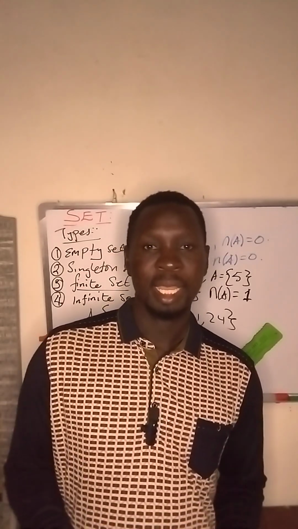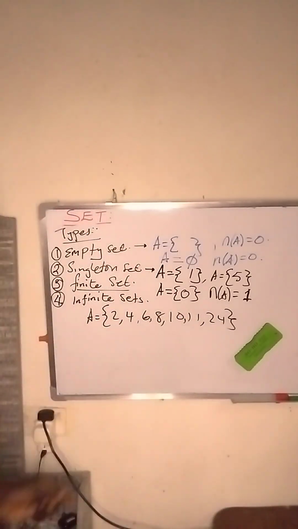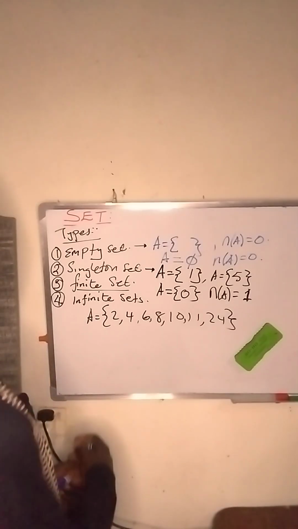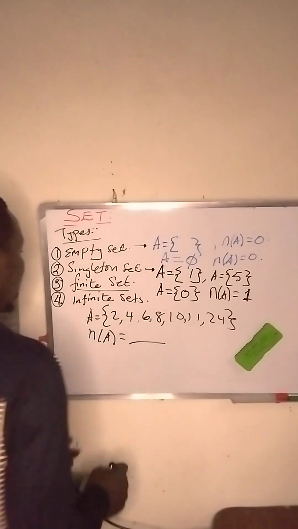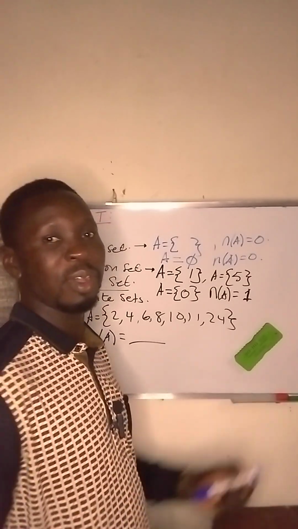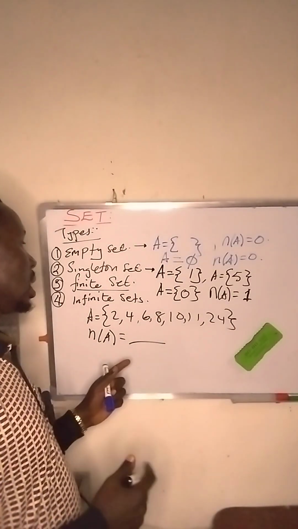The number of members is supposed to be greater than 1, and they are supposed to be countable.